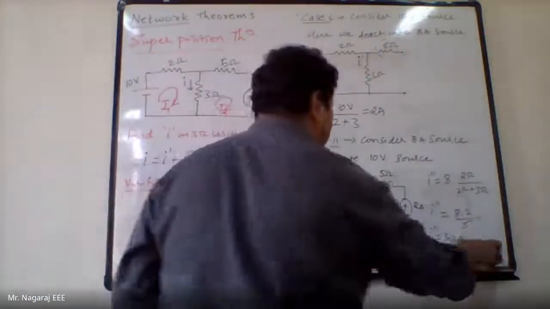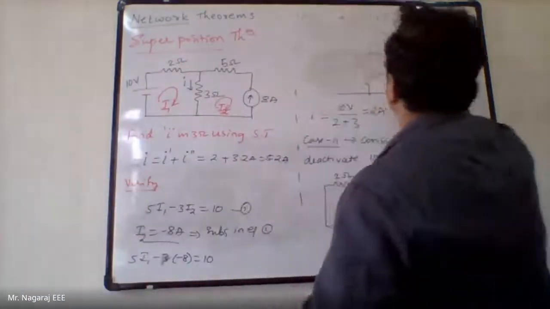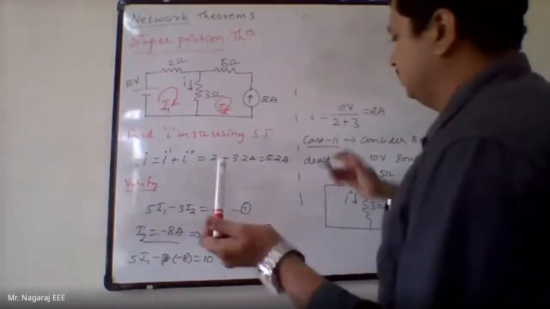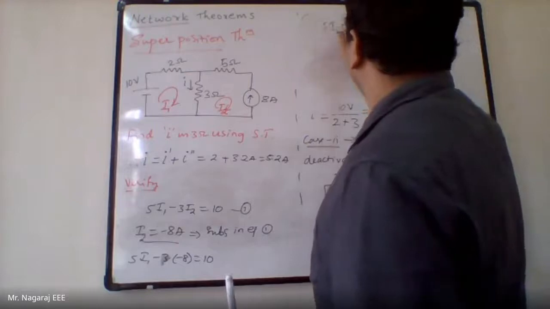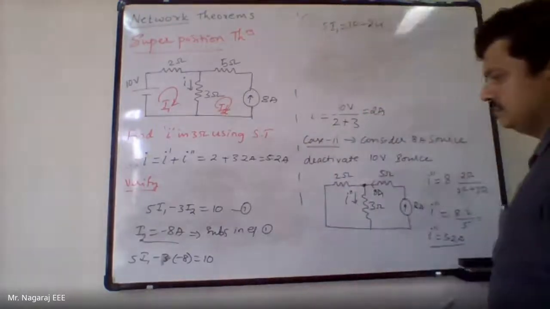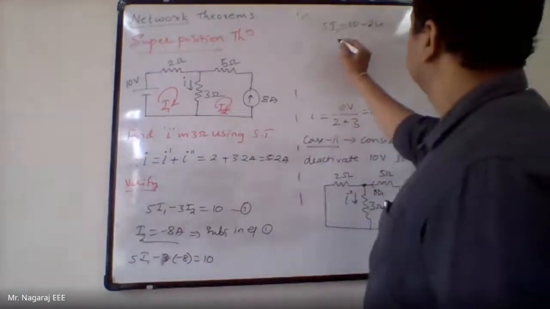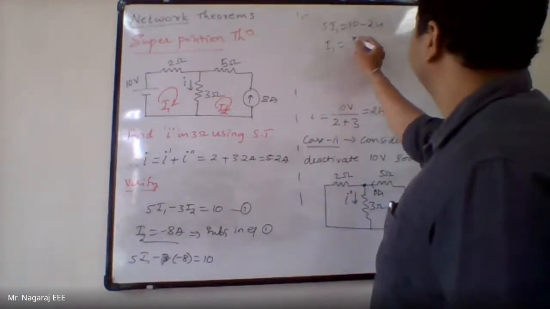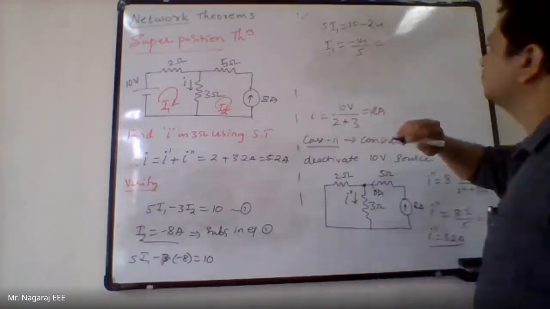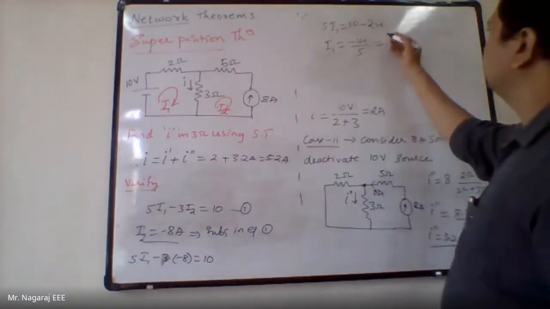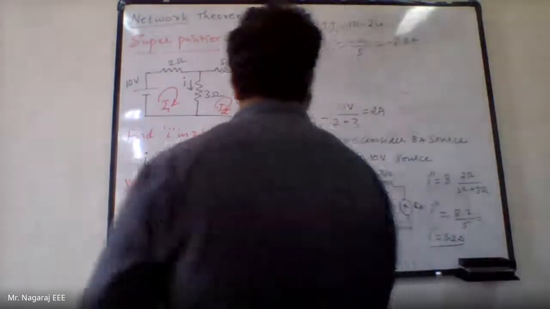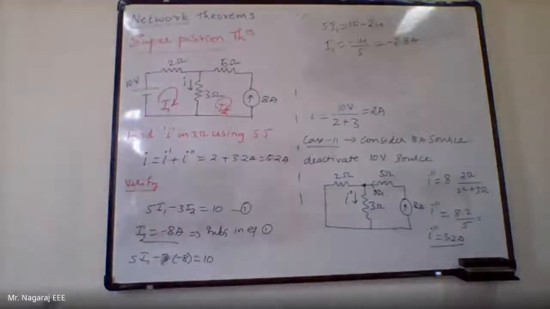So 5I1 is equal to 10 minus 24, which is minus 14. So I1 is equal to minus 14 divided by 5, which is minus 2.8 amps. I1 is equal to minus 2.8 amps.